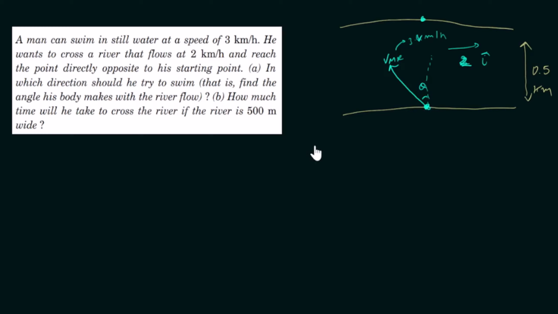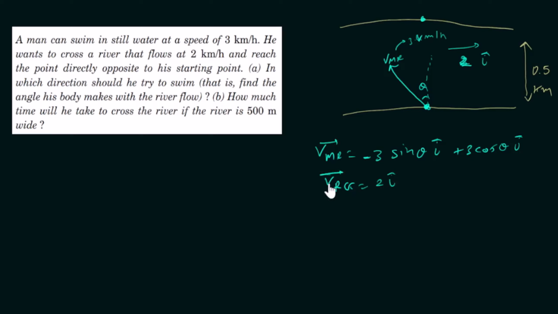So VMR is basically negative 3 sin theta i cap plus 3 cos theta j cap. And the velocity of river with respect to ground is going to be 2 i cap.